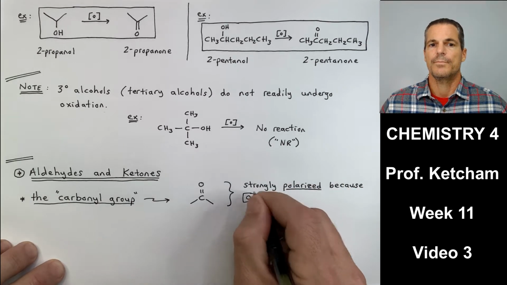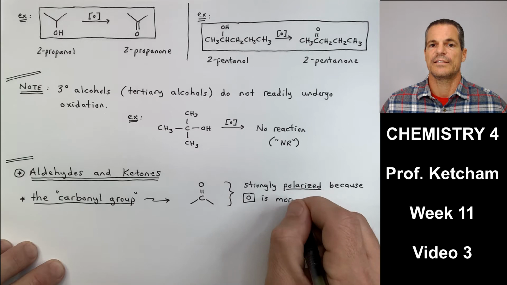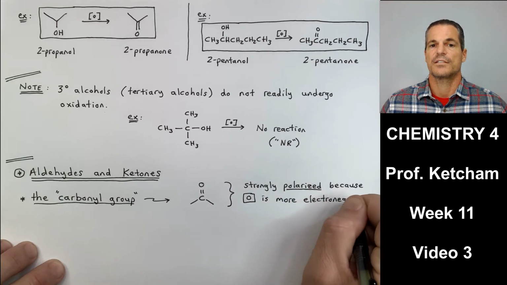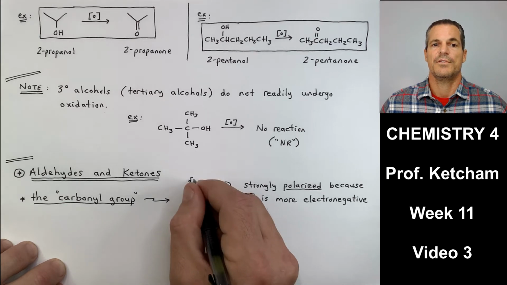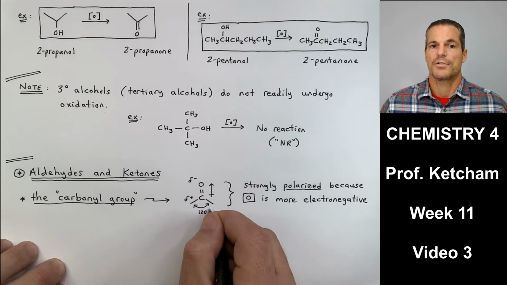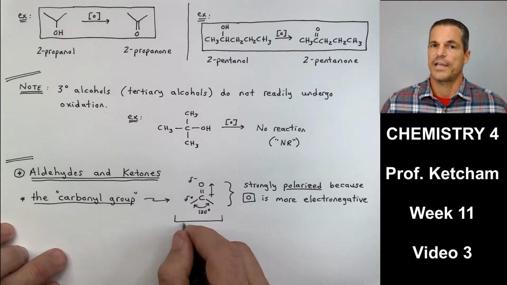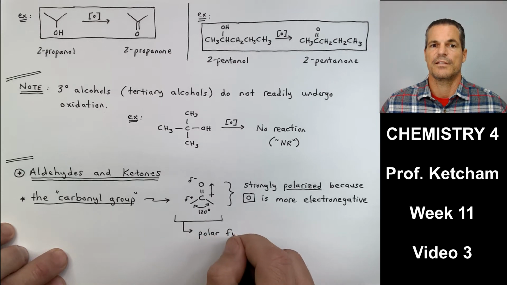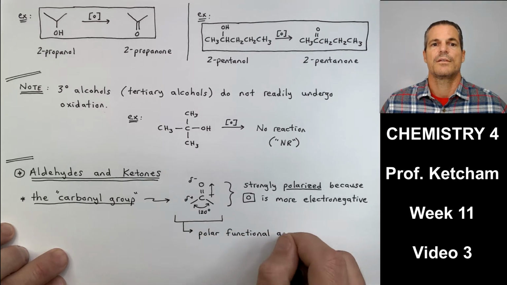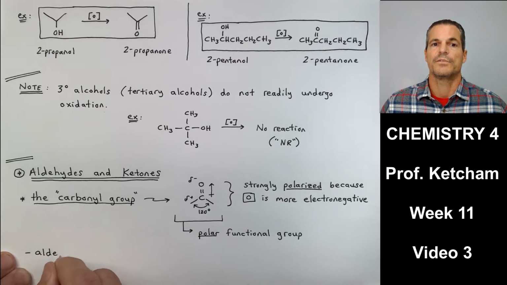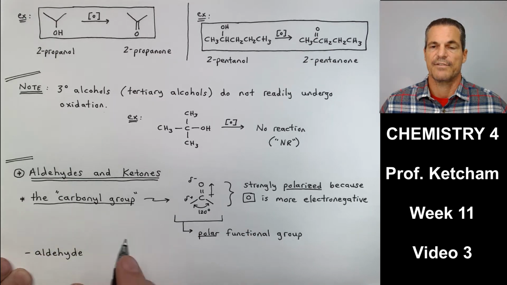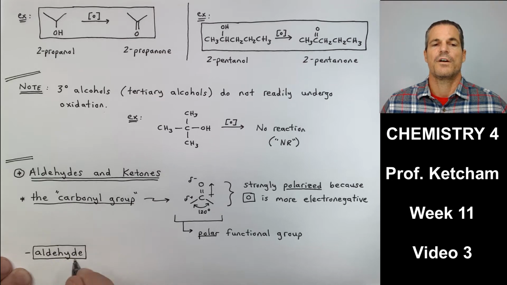The carbonyl group is a strongly polarized functional group because the oxygen is more electronegative than the carbon it's attached to. You see me drawing the two partial charges, partial positive and partial negative. That squiggly D is delta. Then I've got my dipole moment, going in the direction of carbon towards the more electronegative oxygen. So that's a polar functional group.